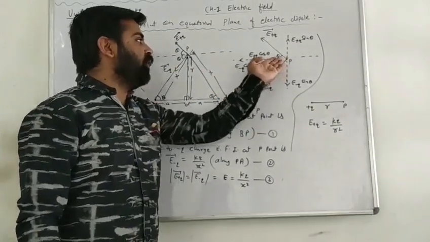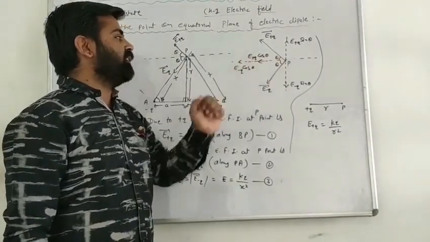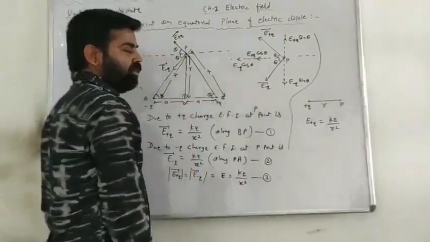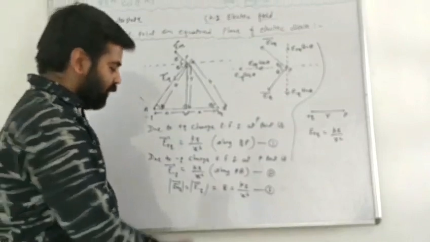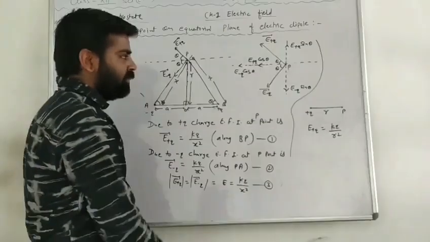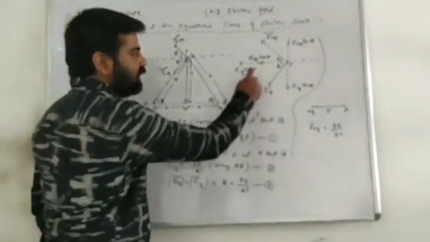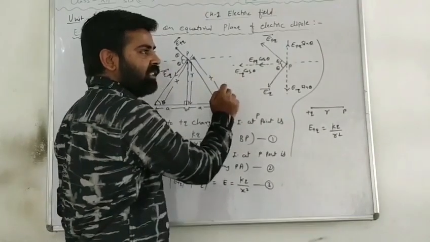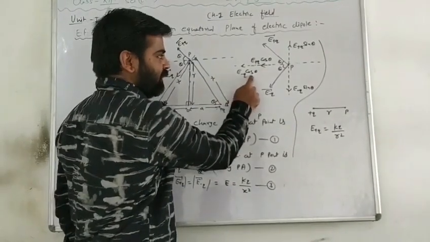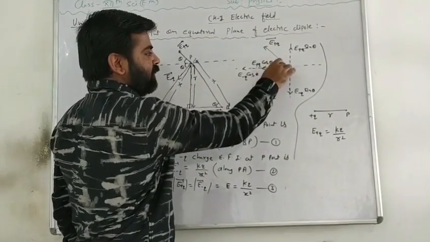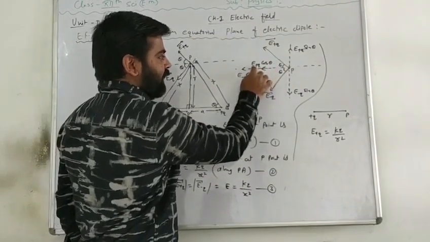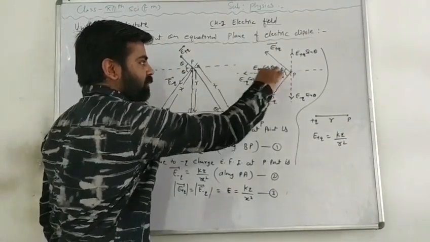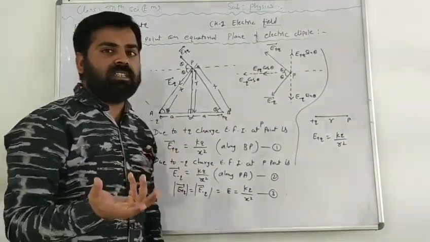In horizontal components, E plus q and E minus q, both magnitudes can be written as E. So the horizontal components are E cos theta and E cos theta, and their direction is also the same, so they will be added.